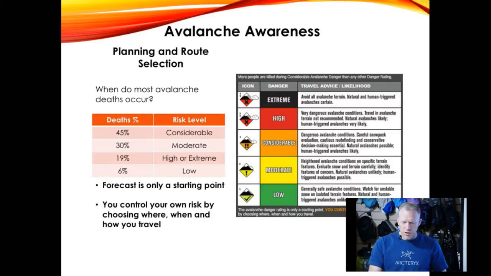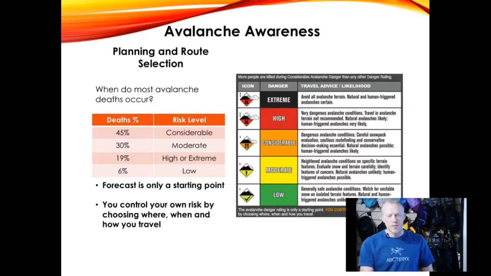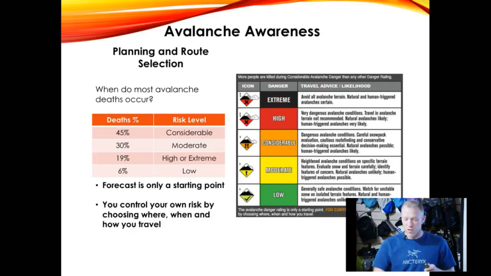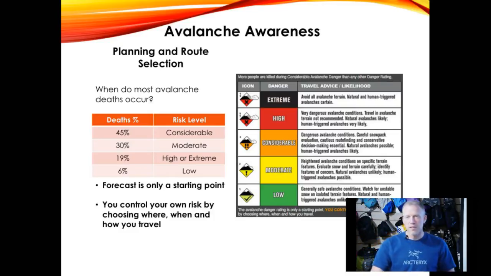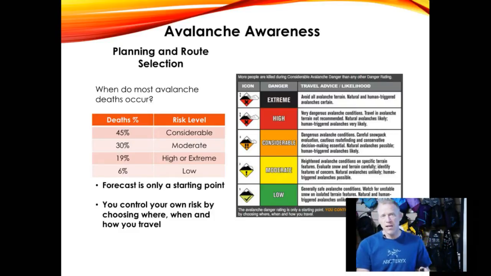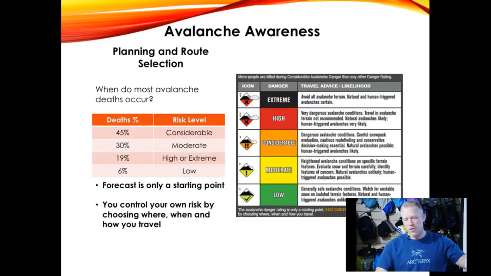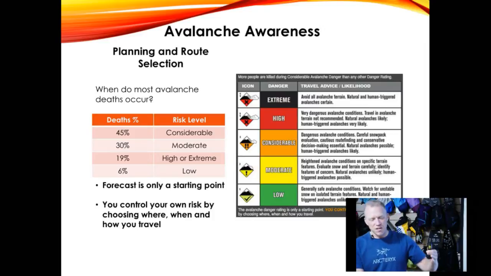Most avalanches occur at the considerable level. Why is that? Let's think about this for a second. If you knew that the avalanche danger was high or extreme, you wouldn't go out. At considerable, you would think, and we all would think, okay, so it's out there, but I'm going to avoid it. So it's more likely to occur, and yet it's not enough to stop people.